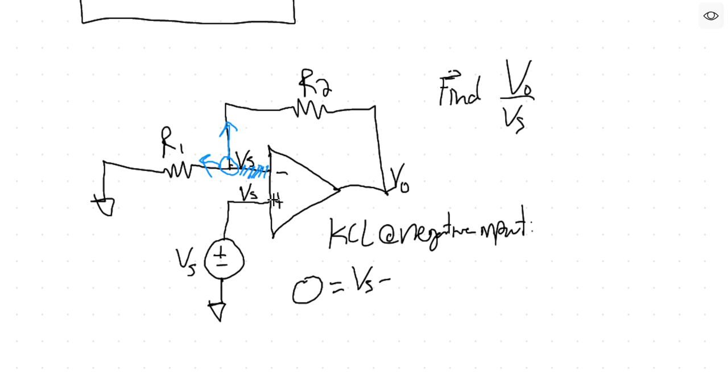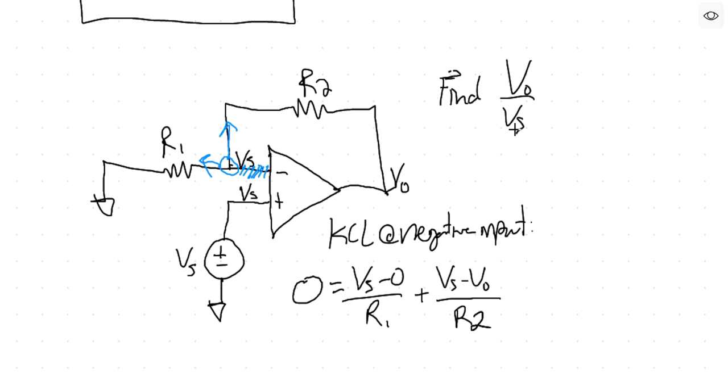Because of Ohm's law. And then plus this current, which is Vs minus Vo over R2. Okay, and that's it. So those are the two currents that we drew there. They show up in this equation.